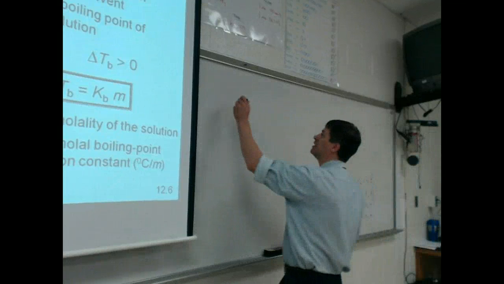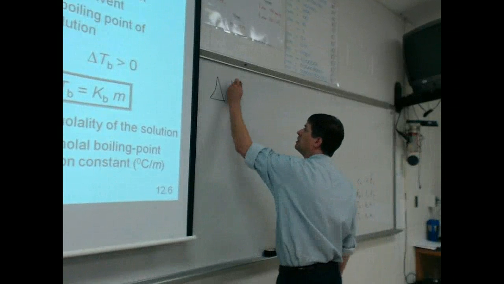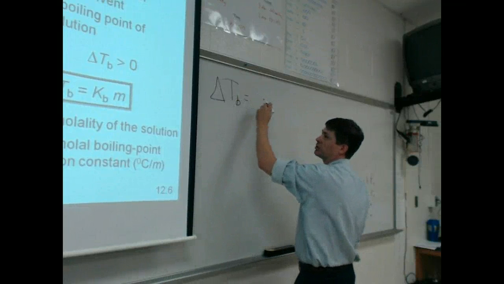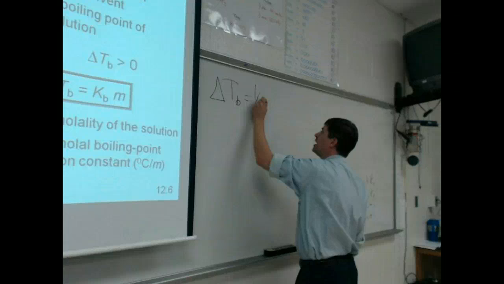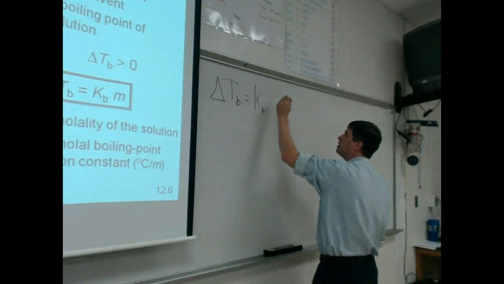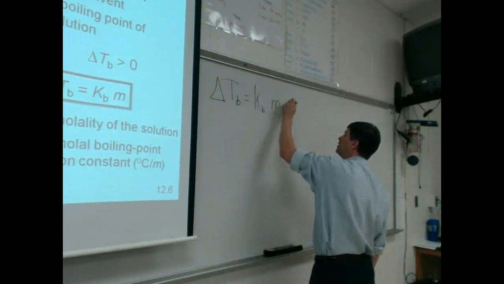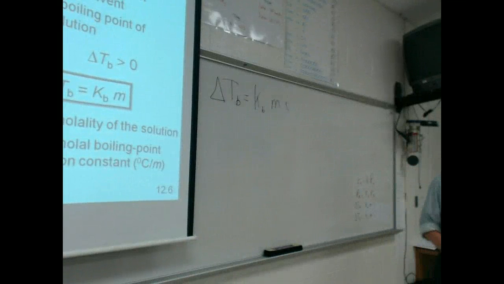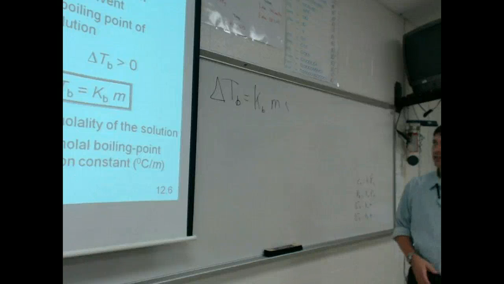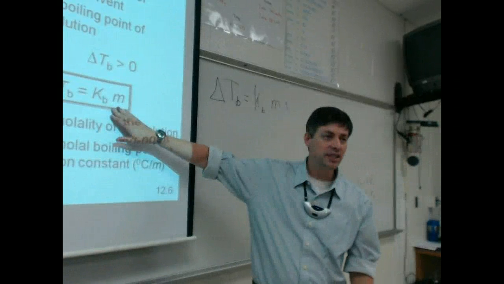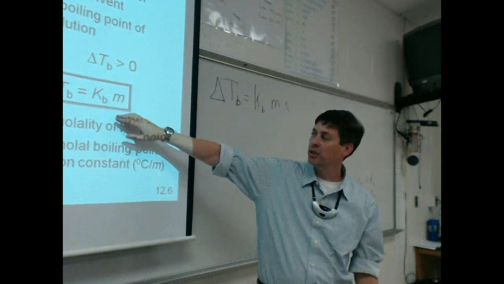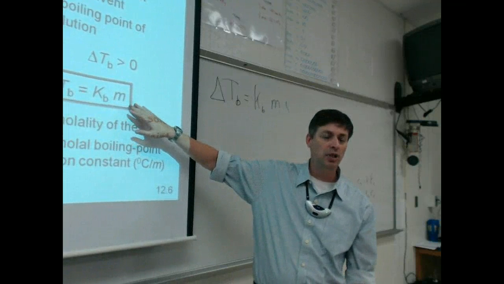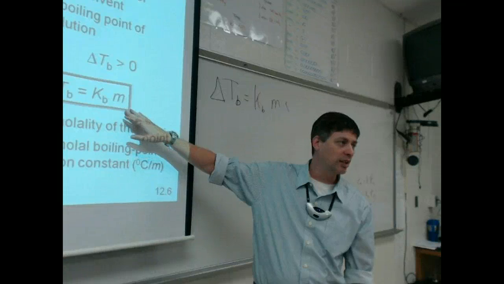So I'm going to write it like this. Delta T sub B equals K sub B times molality times what's called the Van't Hoff factor, i. And this is acceptable as long as we're dealing with a molecular solute, a covalent solute.